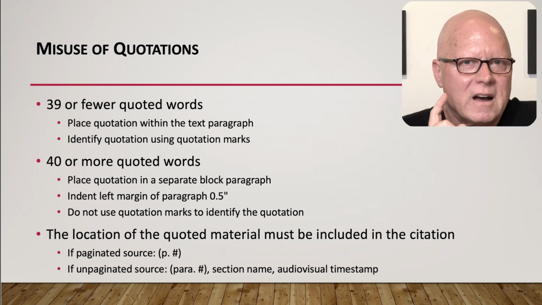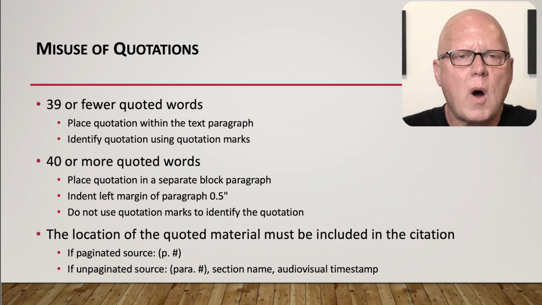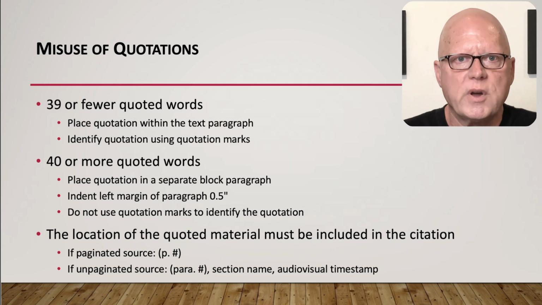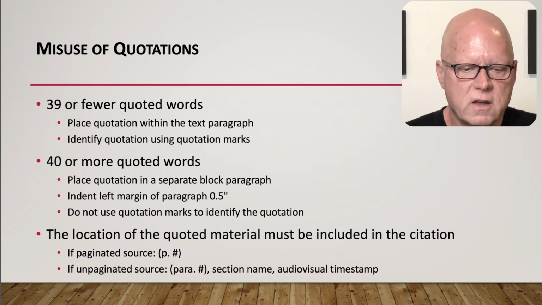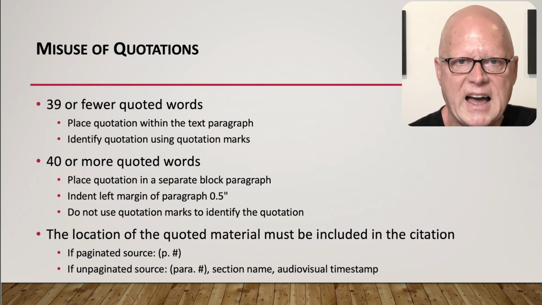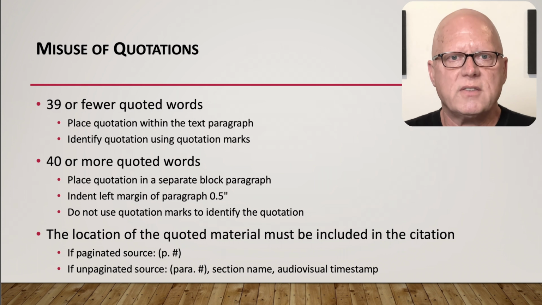Now, a citation to quoted material requires identification of the location of the quoted text in the original source. So if you're quoting a source that was a paginated document, meaning a document with page numbers, identify the page number in the citation.